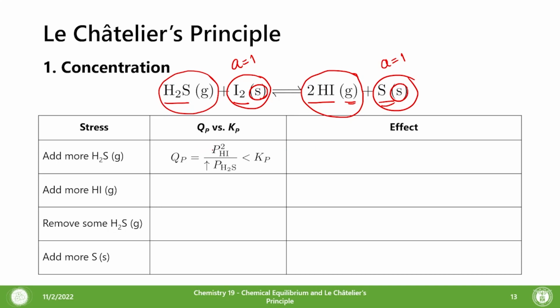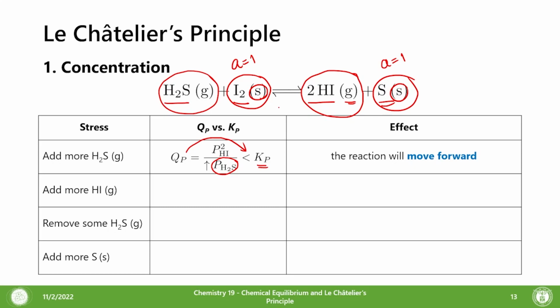So, if we increase the amount of H2S, therefore, the reactant side increases. So, the pressure of H2S increases and therefore, Q of our reaction will be less than our K. So, what does this mean? Then Q has to go up in order to meet K. Therefore, the reaction will move forward.